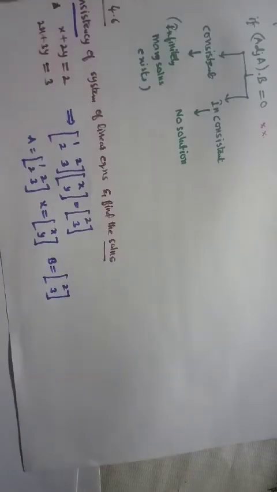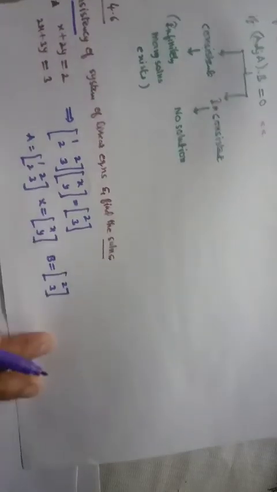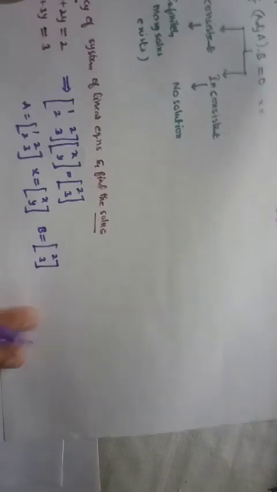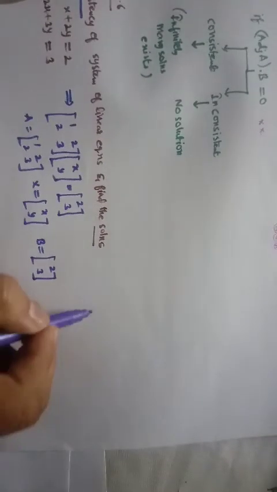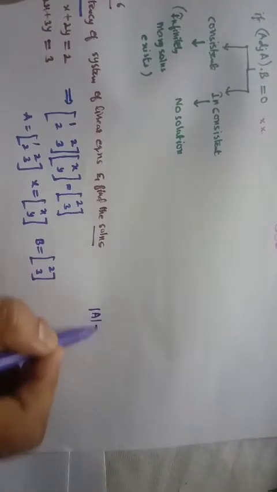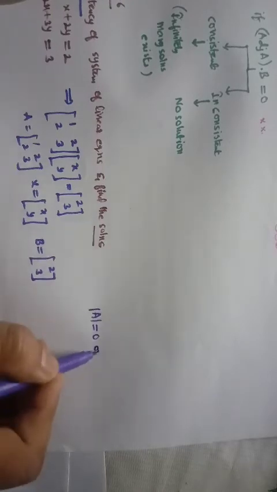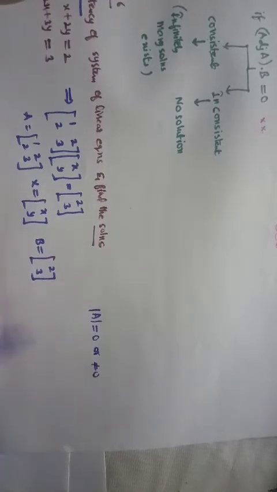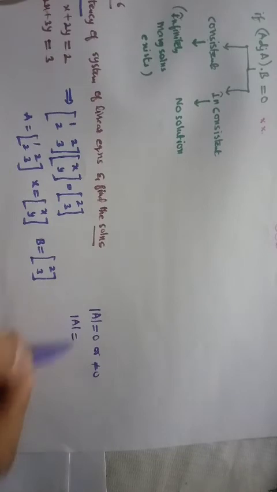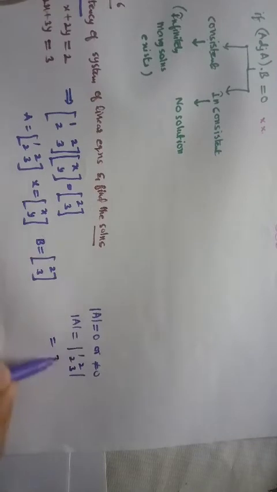Now see, in finding the consistency, we are looking at whether determinant of A is equal to 0 or not equal to 0. So determinant of A is equal to 1, 2, 2, 3: 1 into 3, 3, minus 2 into 2 is 4. 3 minus 4 is minus 1.